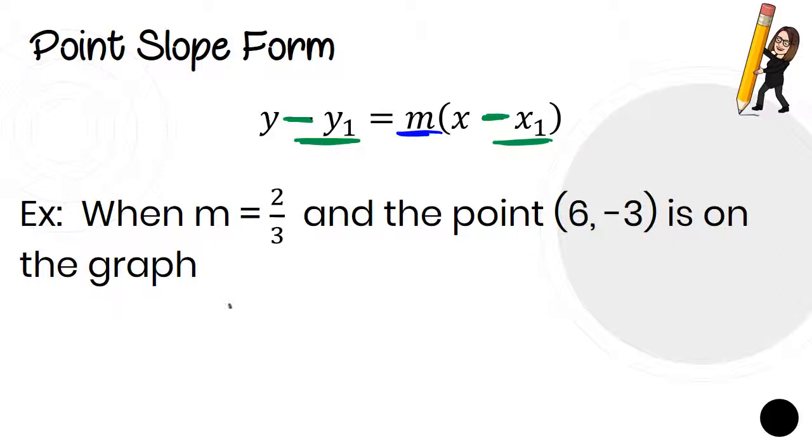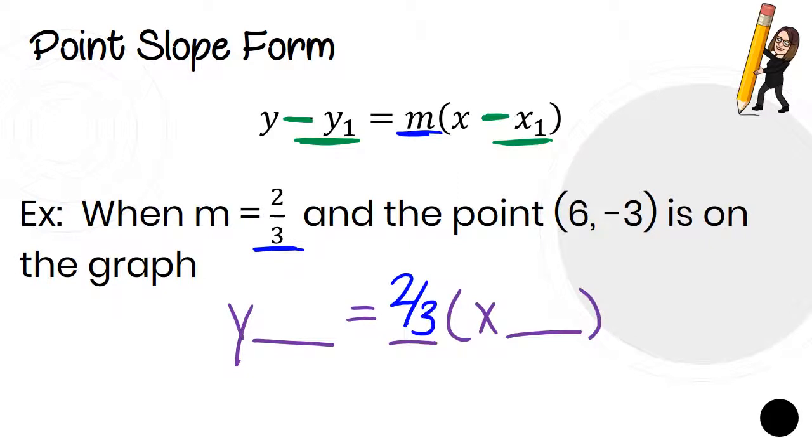So I'm going to have y, a space, equals space, parentheses, x, and a space. Okay? We need to fill in our point and fill in our slope. In this case, in your foldable, you are given a slope of 2/3. So 2/3 goes in front of the parentheses.